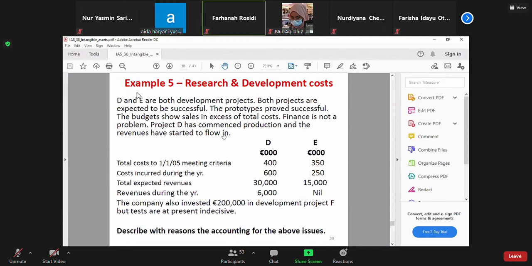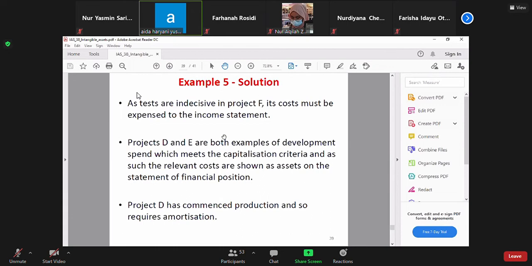Describe with reason the accounting for the above issues. So, as tests are indecisive in project F, its cost must be expensed to the income statement. It is only at the research part. It has not developed yet. But projects D and E are both research and development. They have started to develop.